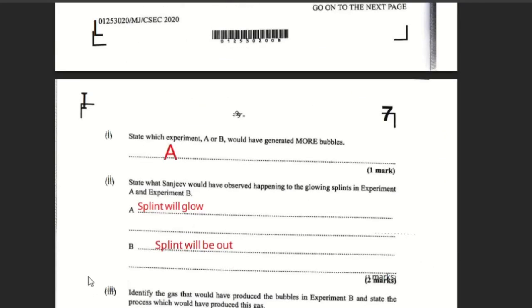So now the next question says state what Sanjay would have observed happening to the glowing splints in experiment A and experiment B. In experiment A, because the plant is photosynthesizing a lot, it is going to be producing a lot more oxygen bubbles, right? So the bubbles will be coming up.